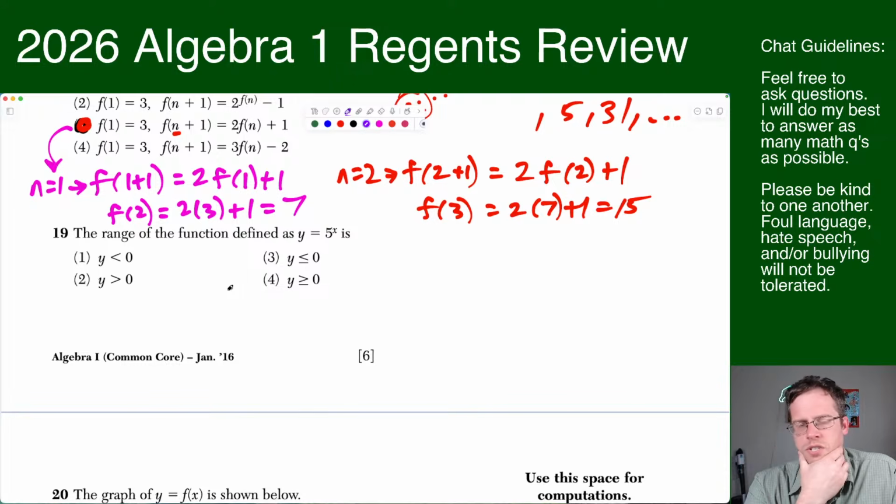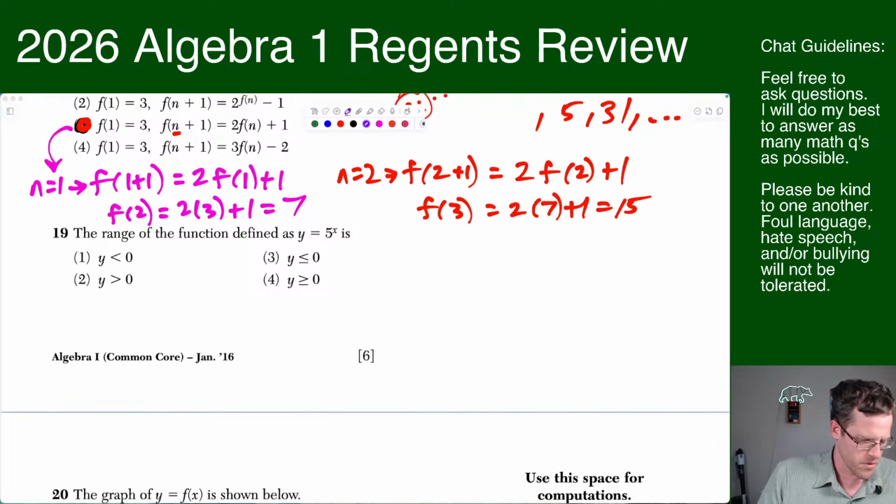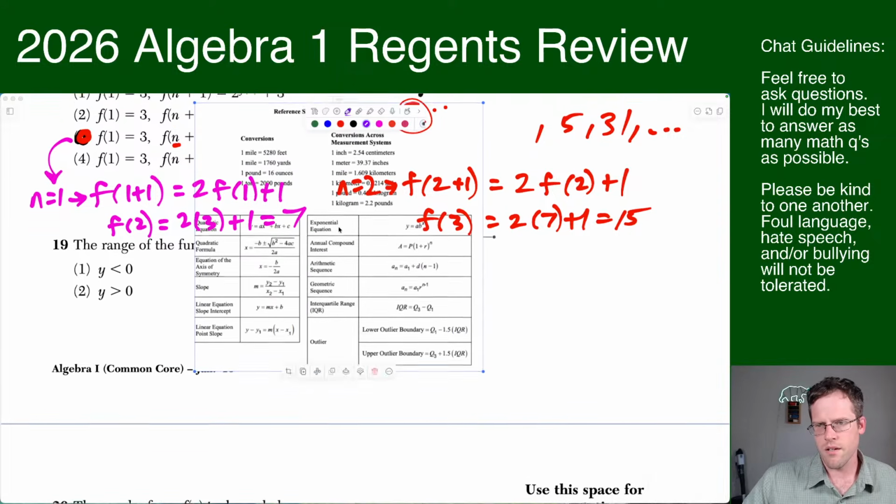Is this on the reference sheet? That's a good question. What is on the reference sheet? The reference sheet is mostly useless, I think. Let me see. Oh, they give you this, so I'll just screenshot it.